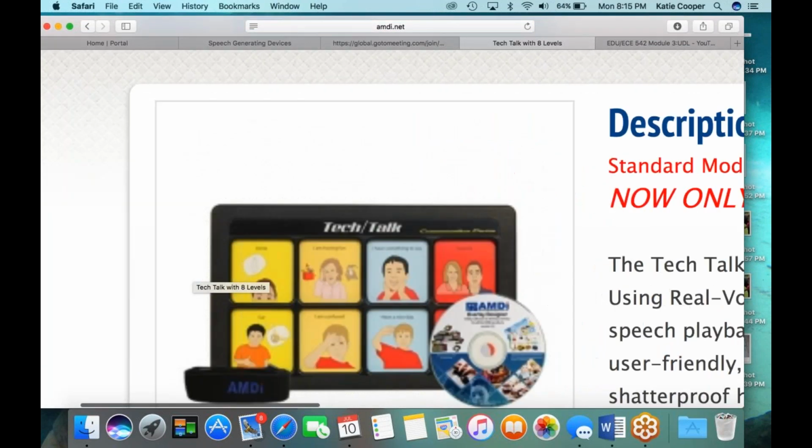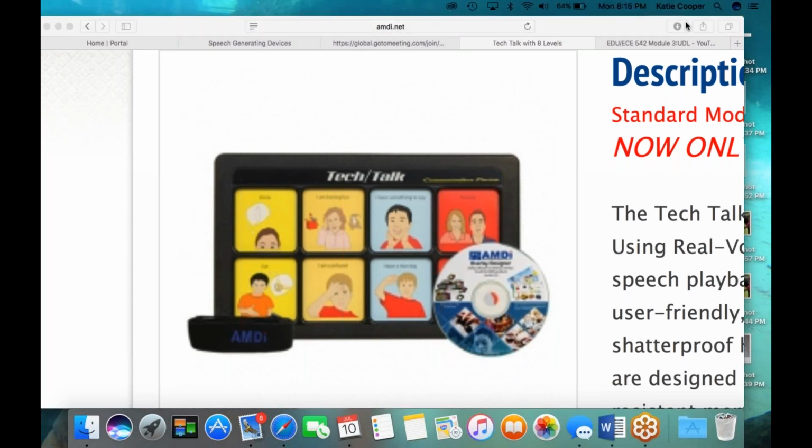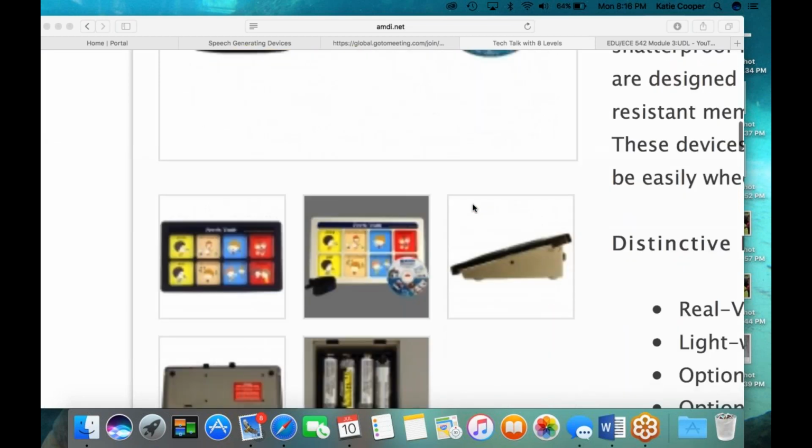This switch has 4 different panels, and you can put different messages on each of them. If you were going to be working with a student on eating, you might have chicken nuggets in one panel, French fry in one panel, milk in one panel, fruit in one panel, or whatever they're eating, and then you would have them touch, and it gives a voice output when they do that. So that's another kind of low tech device that we use for assistive technology.